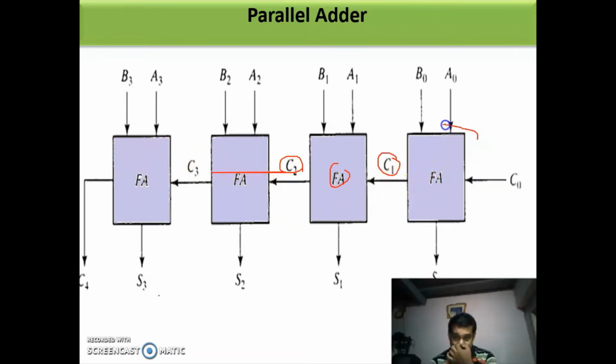And this is the LSB, where you will be using either a half adder or a full adder with the carry in equal to 0. Usually you will be using this as a half adder, or if you are using a full adder, then you have to make this C in equal to 0.